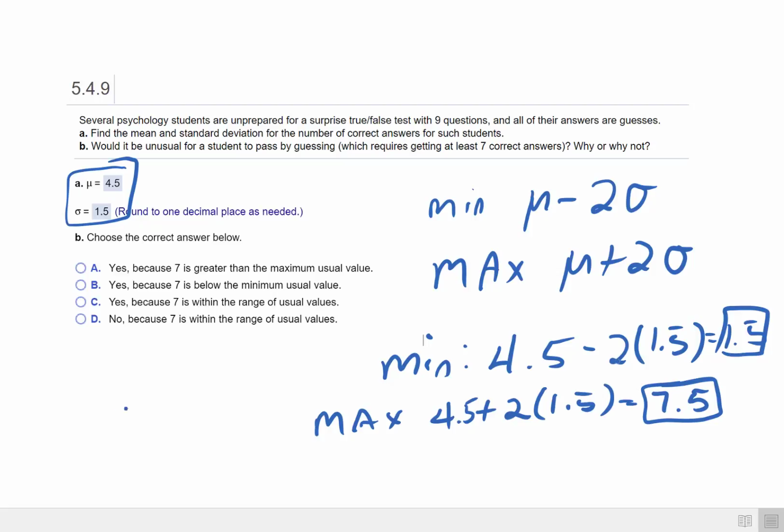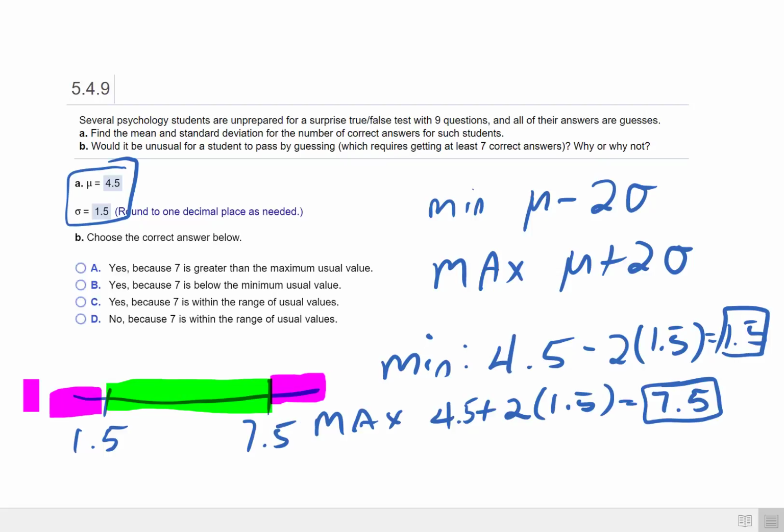Now if we kind of draw our number line here, the usual values occur between 1.5 and 7.5. So all these values in here are usual. Values on the outsides of this, greater than 7.5 and less than 1.5, are considered unusual.